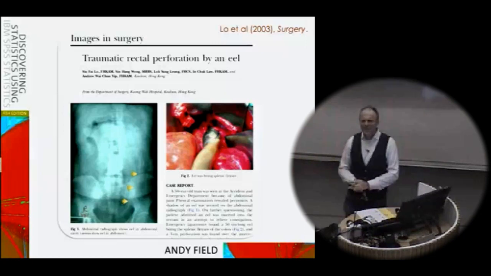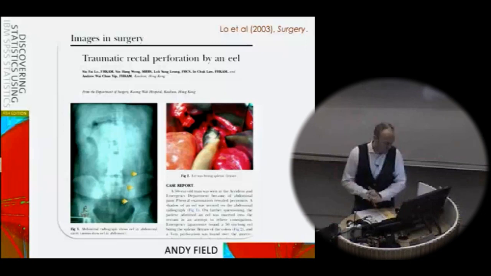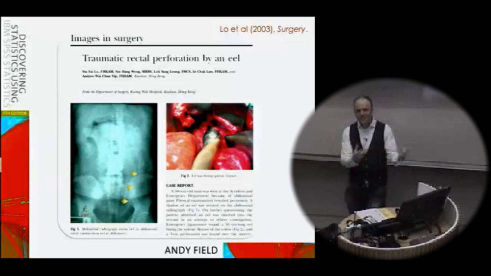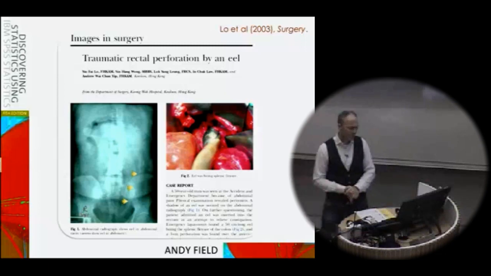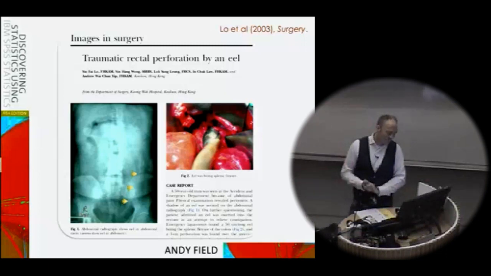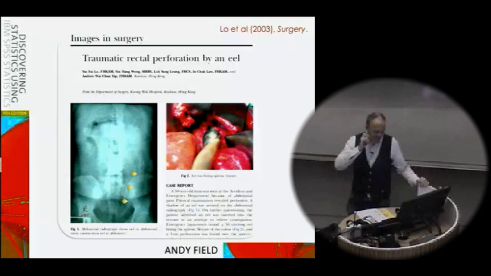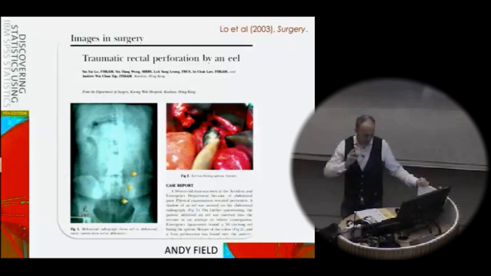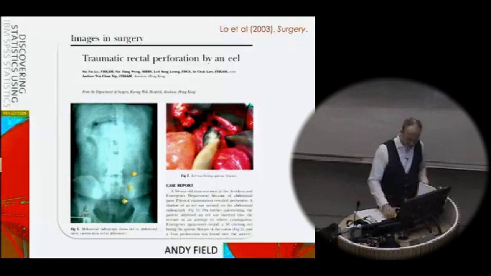It feels claustrophobic. Doesn't smell too good either. And like any self-respecting eel, he tried backing out. Nothing going on there. It's a one-way street. And so he decided to eat his way out. I know. Can't blame him though, really. So the abdominal pain was in fact caused by the eel trying to chew his way out of the man's stomach. There's a moral here for us all, I think.